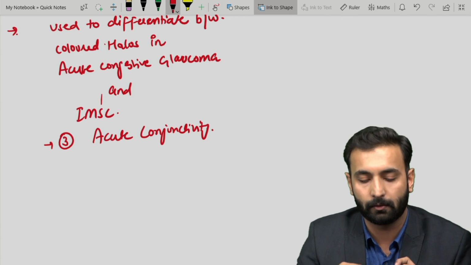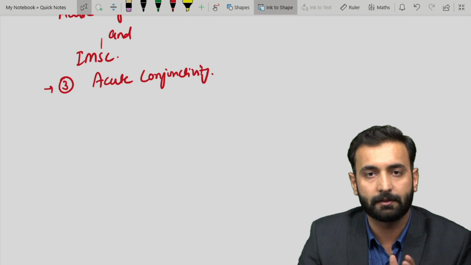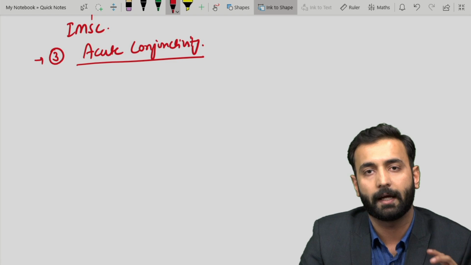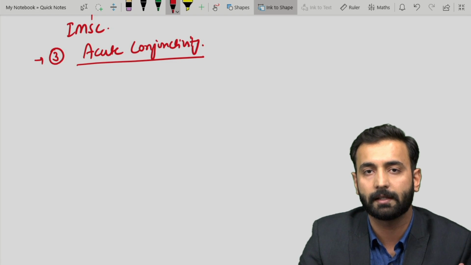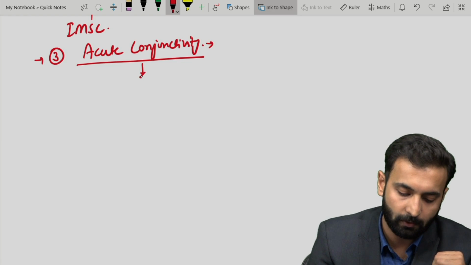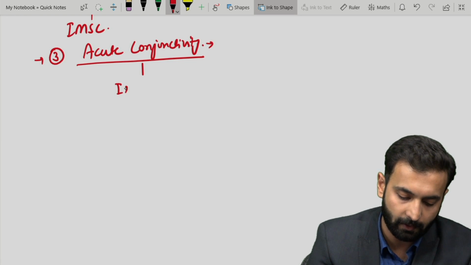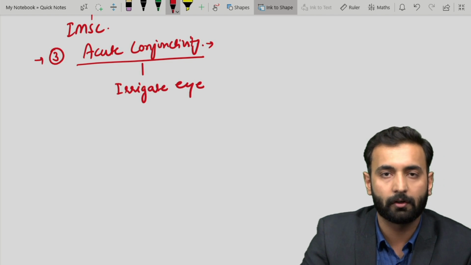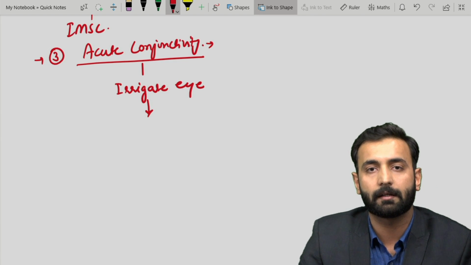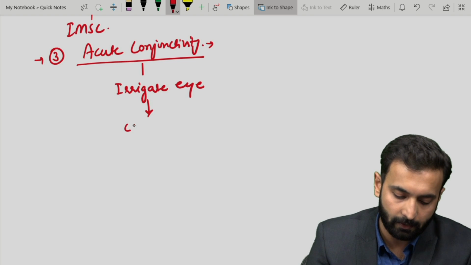These are colored halos. So how do you differentiate between all three conditions: acute conjunctivitis, acute congestive glaucoma, and the third, immature senile cataract? In acute conjunctivitis, because of discharge, if you irrigate or wash the eye, the discharge will get over, right? Discharge will be absent and the colored halos will be absent.